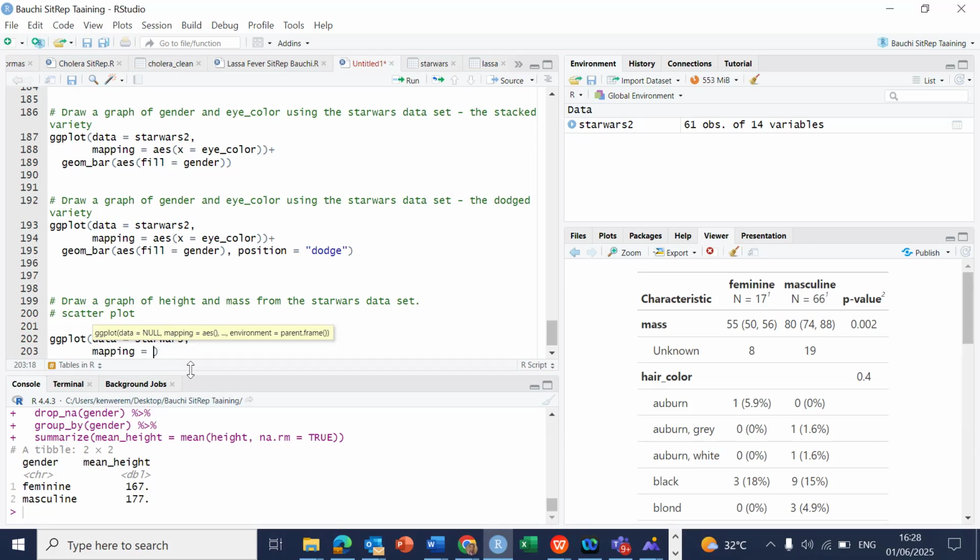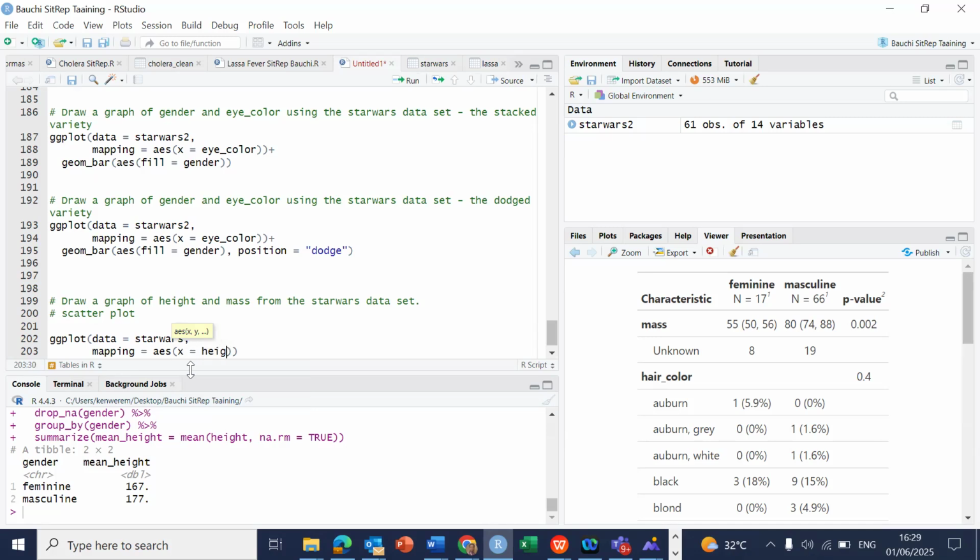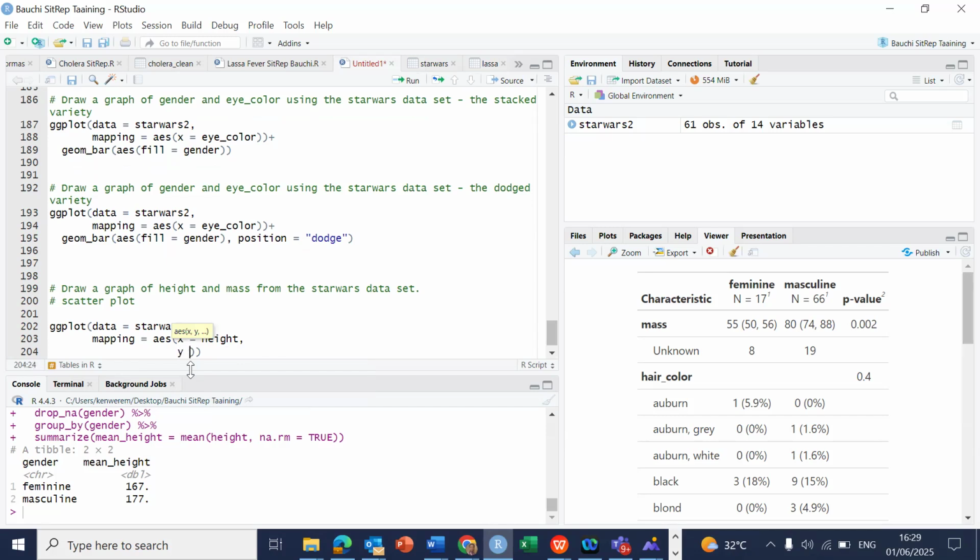Right? So our mapping will be aesthetic. Since the height is the independent, that means x will be equal to what? Height. And then y will be equal to what? Mass. Exactly. So we will now put our plots.